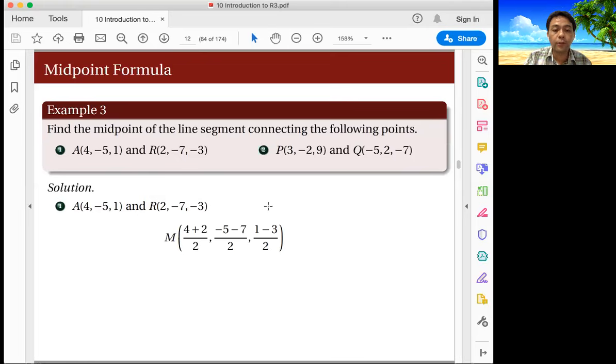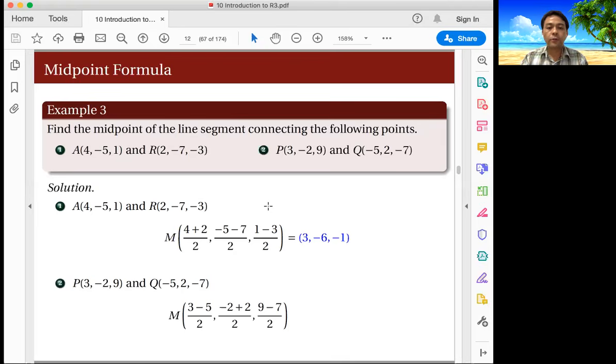Simplifying, we get 6 over 2, which is 3, negative 12 over 2, which is negative 6, and negative 2 over 2, which is negative 1. For the second pair, we use the same formula: 3 plus negative 5, that's 3 minus 5, negative 2 plus 2, 9 plus negative 7, or 9 minus 7. And this simplifies to (-1, 0, 1).